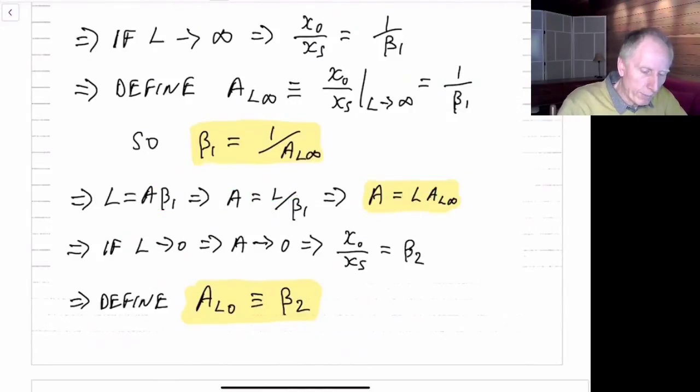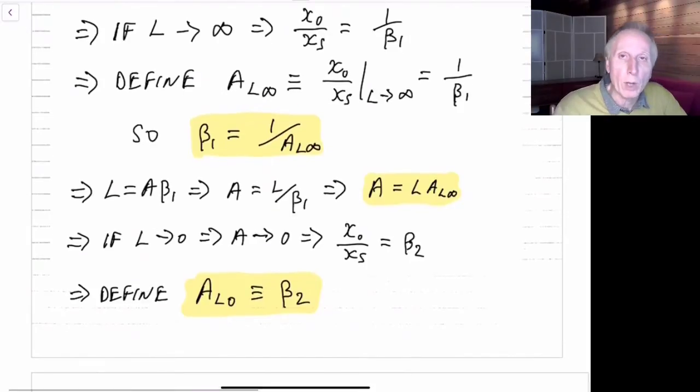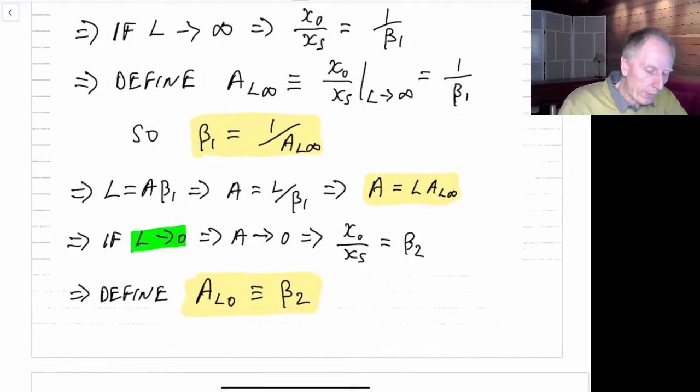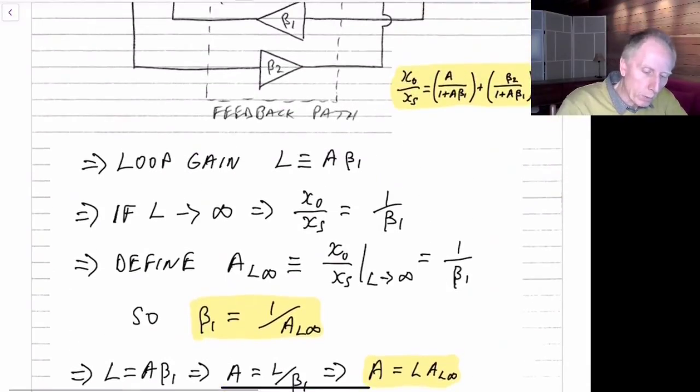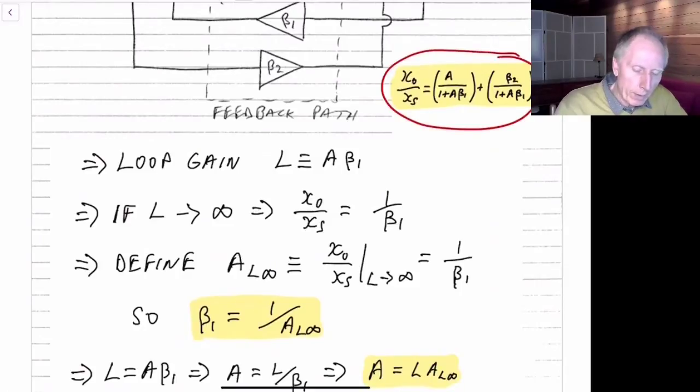Finally, because we want to look at the asymptotic gains, what happens if L goes to 0? So if L goes to 0, A goes to 0. And again, going back to these equations up here, if A goes to 0, this term goes to 0. This term becomes beta 2.